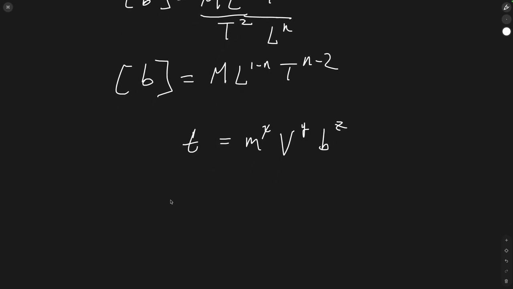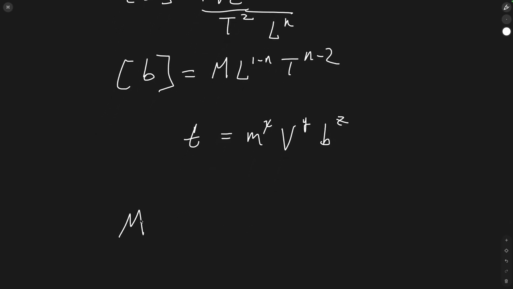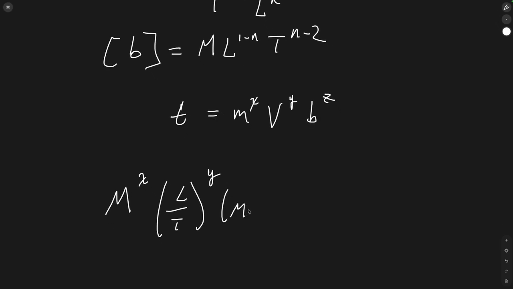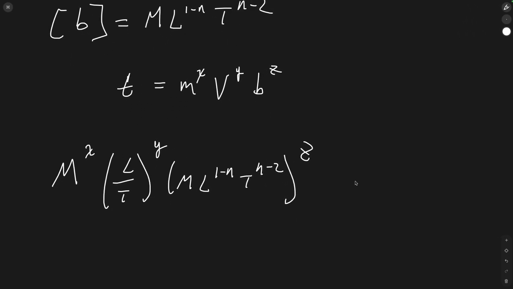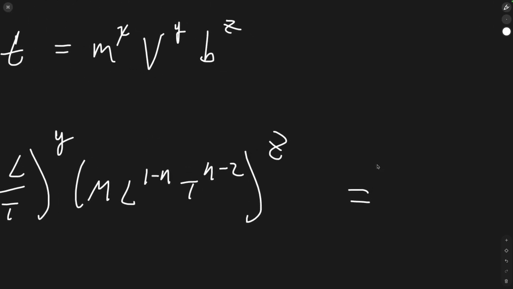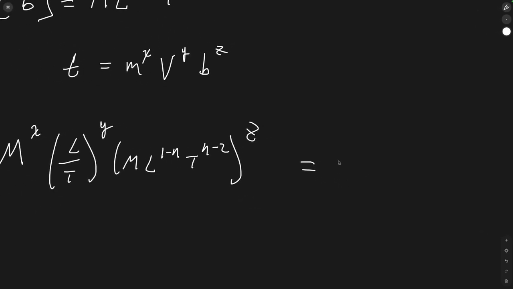So we'll say m to the x, L over time to the y, and then m L to the 1 minus n, t to the n minus 2, to the z. This should equal the units of time, which is m to the 0, L to the 0, and t to the 1.